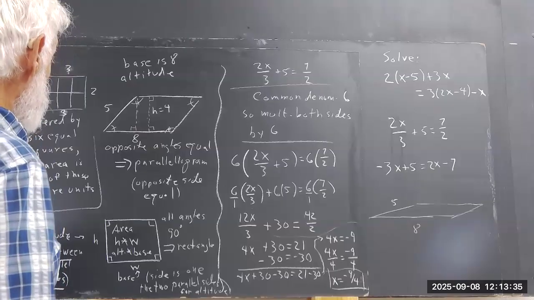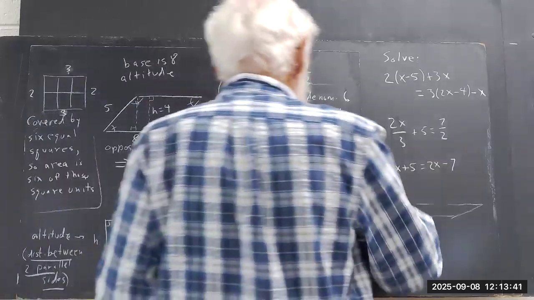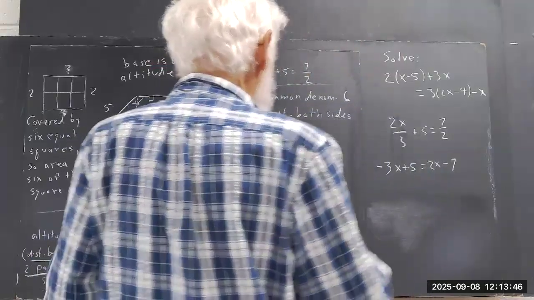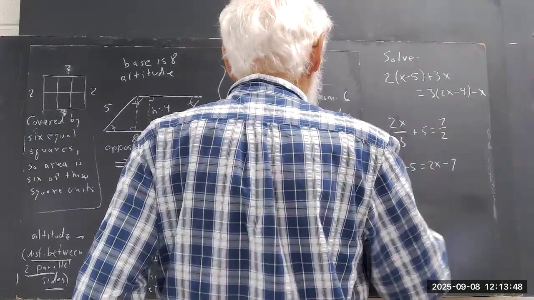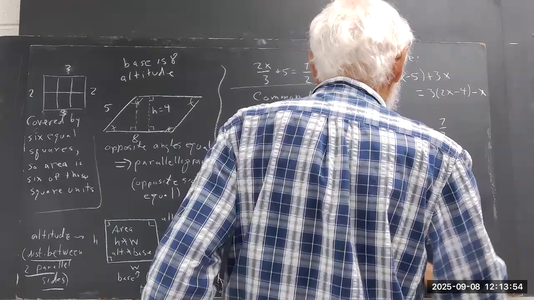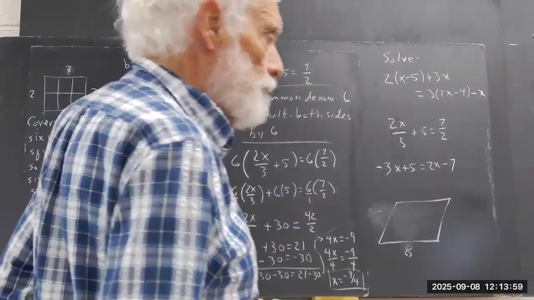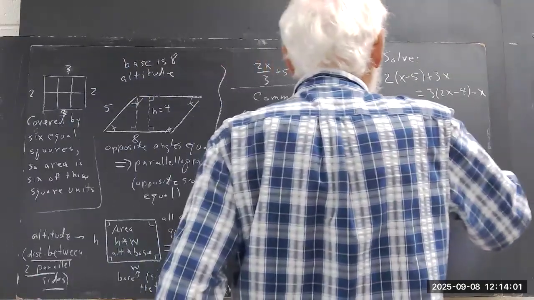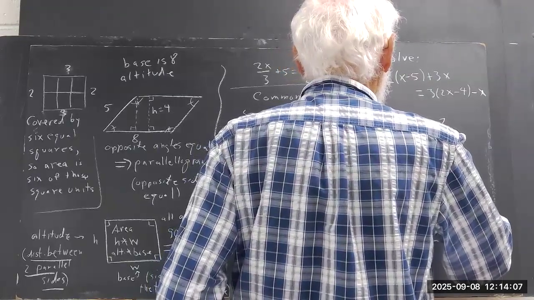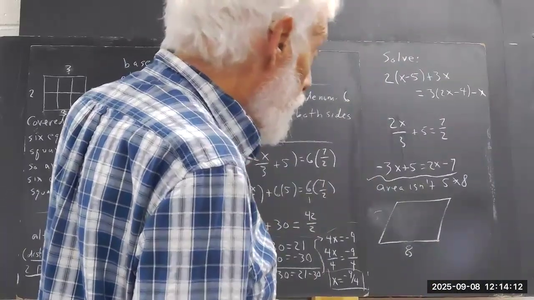There's another thing I can do with this. It shows you why the area is not 5 times 8. I'm going to redraw. So we got 5 here and 8 here. Okay. Area isn't 5 times 8. Why?